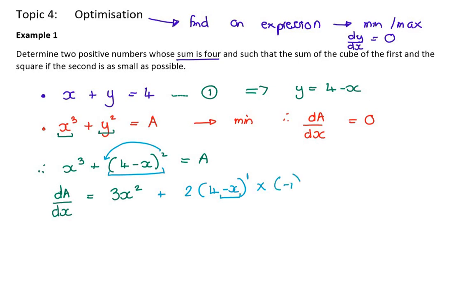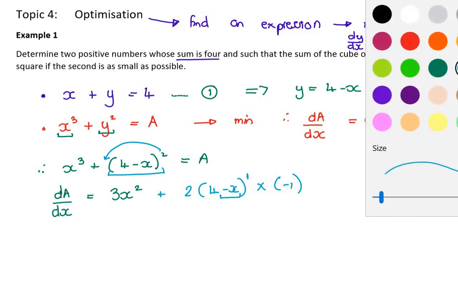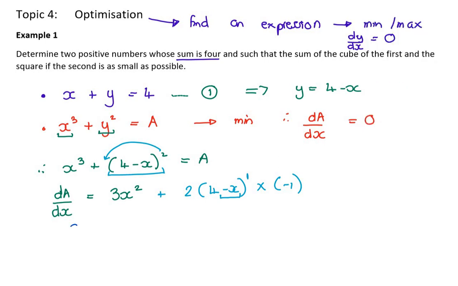Now basically they want you to minimize this, so I'm going to set it equal to 0, and I'm just going to now multiply this out. So I get 3x squared. Basically this is minus 2, so I get minus 8. And then this is minus 2, so I get plus 2x.